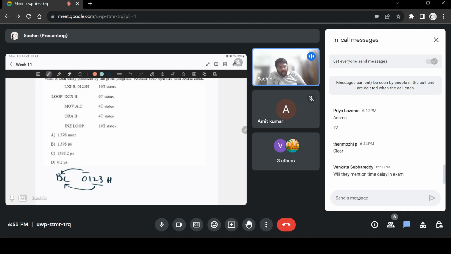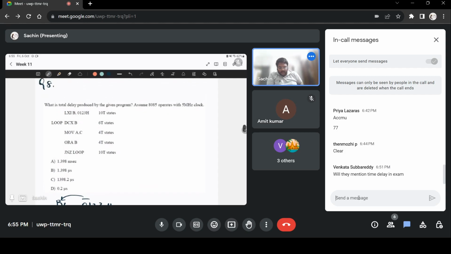Will they mention time delay in the exam? What exactly do you mean? Venkata?